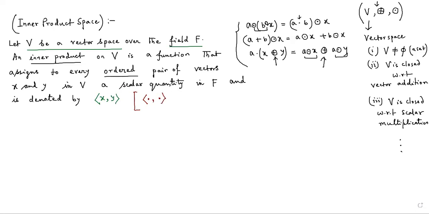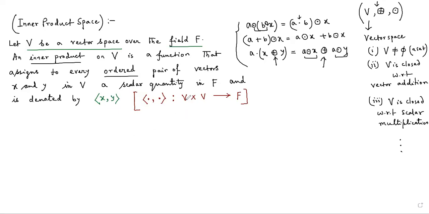this notation is actually what is known as the inner product, which is a function whose domain is V cross V, and it gives its image in the field of scalars. So it is a function of this form.